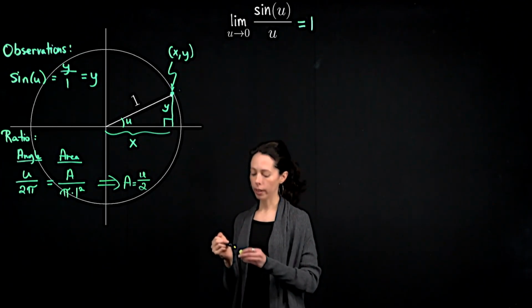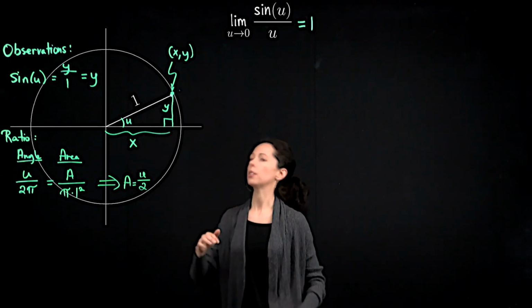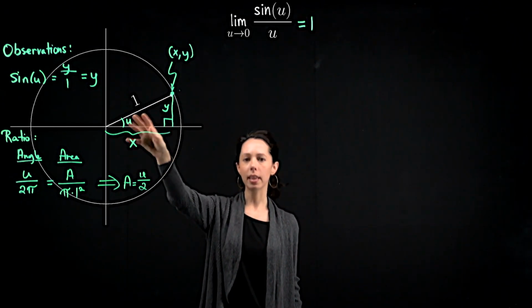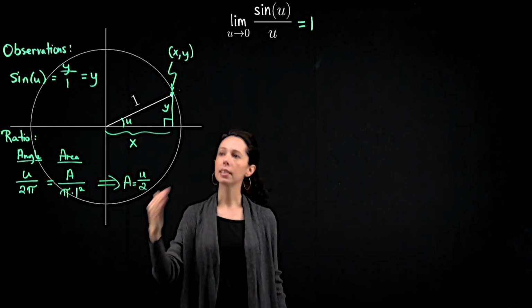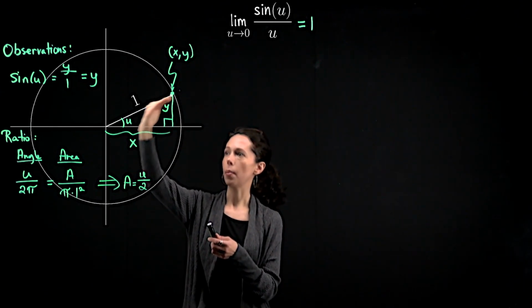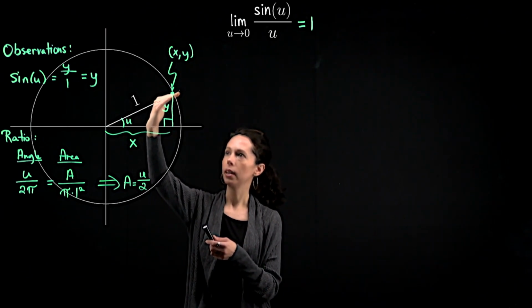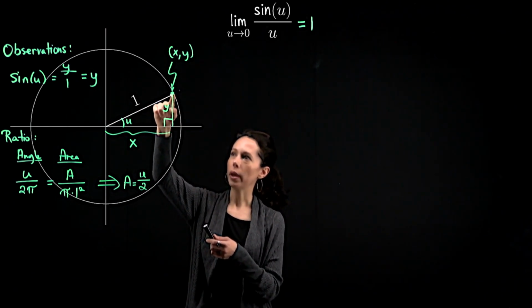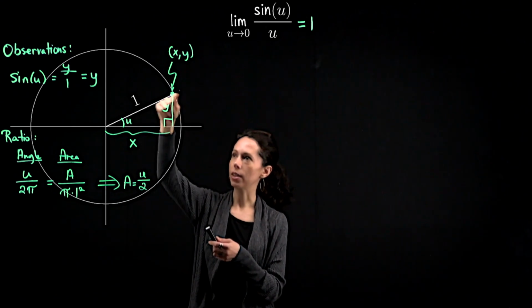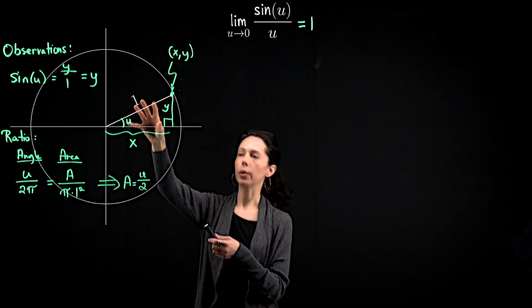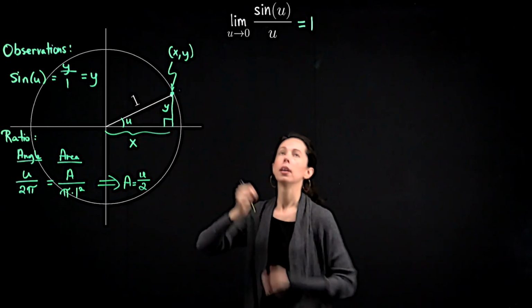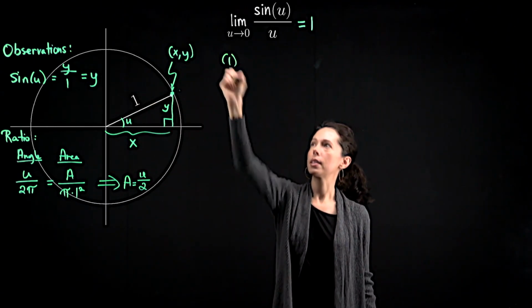Okay, I wanted that area because now we're going to compare the area of this inside triangle to the area of this circular sector. Since by construction, no matter what angle I sliced at, as u drops down to 0, we always drew this inside triangle by dropping down inside the disk, the area of this triangle is less than or equal to the area of the circular sector. So I'm going to set up an inequality here.